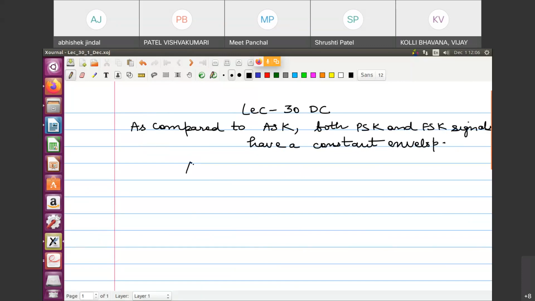How? You can see that if suppose this was your carrier signal, so if you are either changing this phase with discrete points or you are changing this omega, see this A is fixed. Okay, this doesn't change.